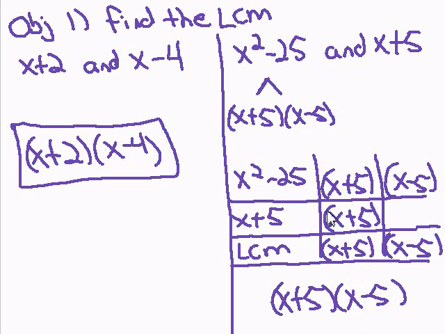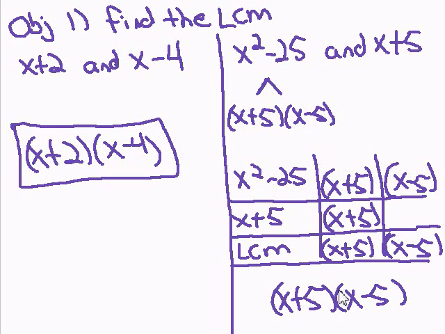Please note, at this point, you could find the least common multiple without having to write each of the original expressions on the left-hand side. You could have skipped straight to x plus 5, x minus 5, x plus 5 below, and then writing the LCM. There are several ways you can skip steps when working these problems as you get more used to them.